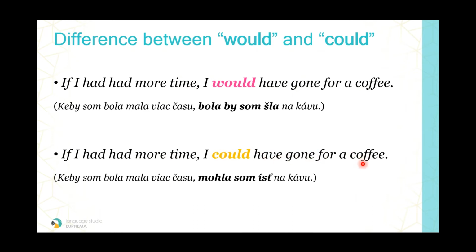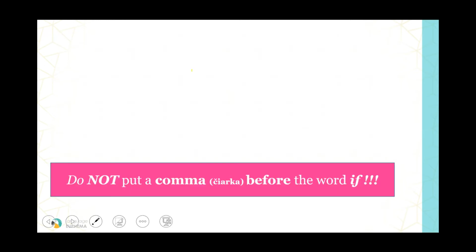You can see that here it is more certain that I would have gone for a coffee, while here with could have, it's not so certain, okay? Maybe I would have gone for a coffee. It's something like that, yes? So could have is like a possibility, but it's not very certain.